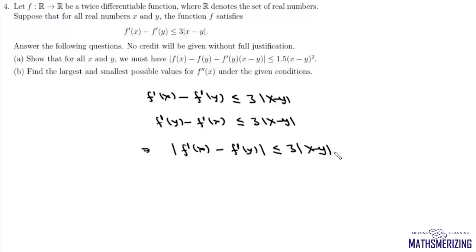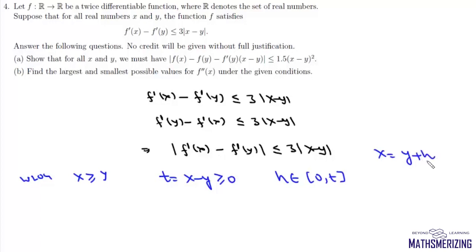Now, without loss of generality, we'll assume that x is greater than or equal to y, and when we fix x and y, we'll define t as x minus y, and this t will be greater than or equal to 0. Now, if we choose some h which lies between 0 and t, and take x as y plus h, we can write mod of f dash y plus h minus f dash y is less than or equal to 3 times mod h.